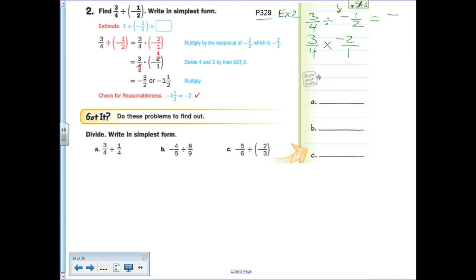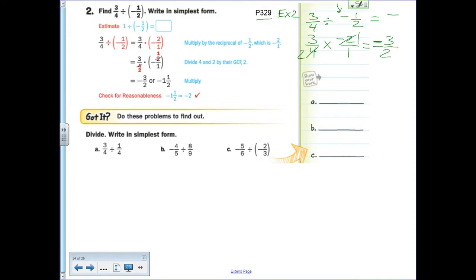Before I multiply across and get my negative answer, I want to see if I can reduce, and I can. I can take 2 and divide it by 2 and make it a 1. I can take 4 and divide it by 2 and make it a 2. So 2/4 reduces to 1/2. Now I'm going to multiply straight across, and 3 times negative 1 is negative 3. 2 times 1 is 2.